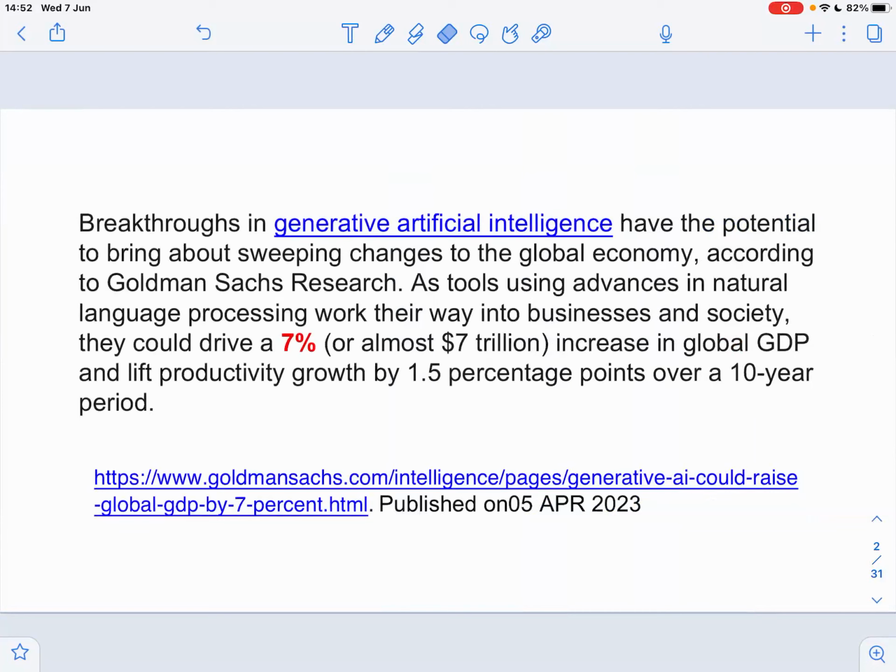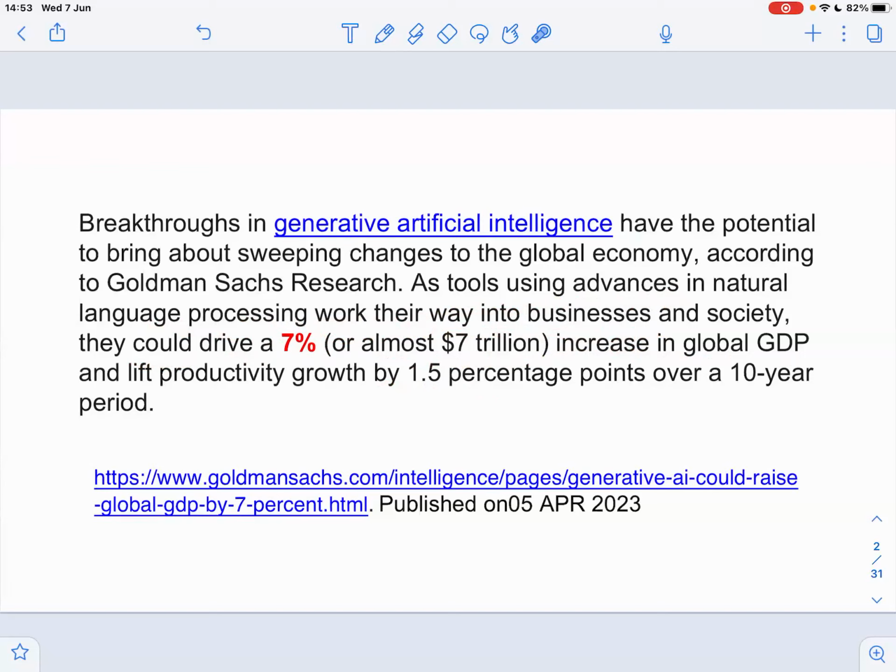They recently released a white paper, and they actually said that as a tool using advances in natural language processing work their way into business and society, they could drive a 7% or almost 7 trillion US dollar increase in global GDP. That's a nice dinner. 7 trillion US dollars, or 1.5% over 10 years.